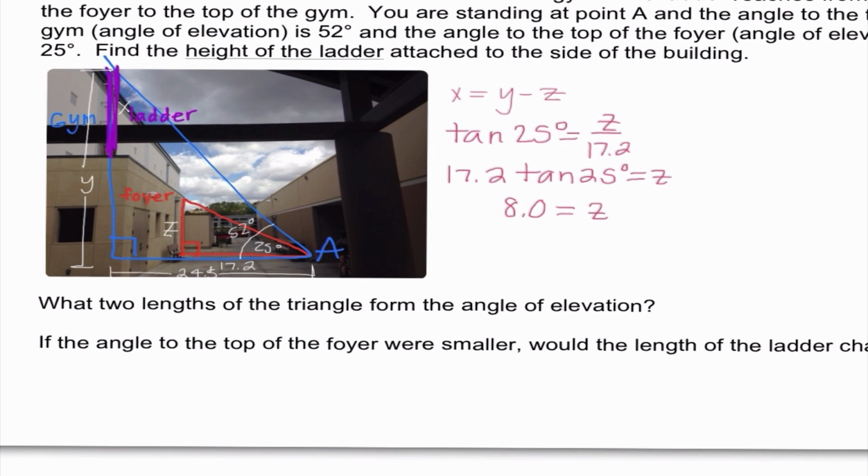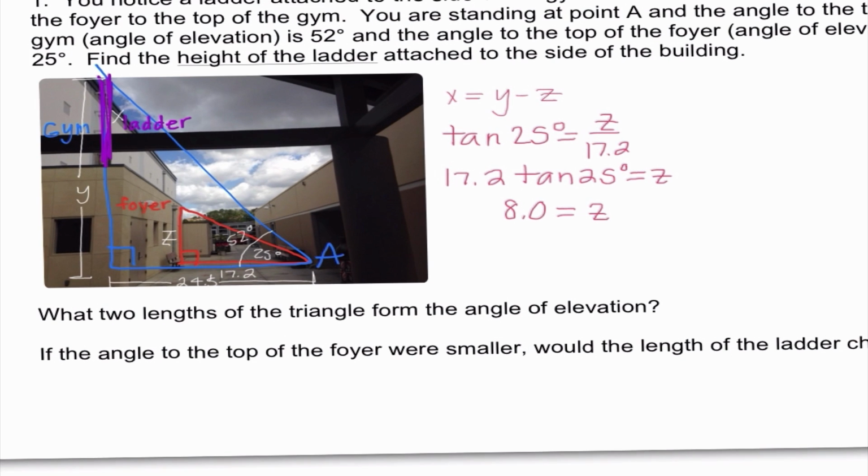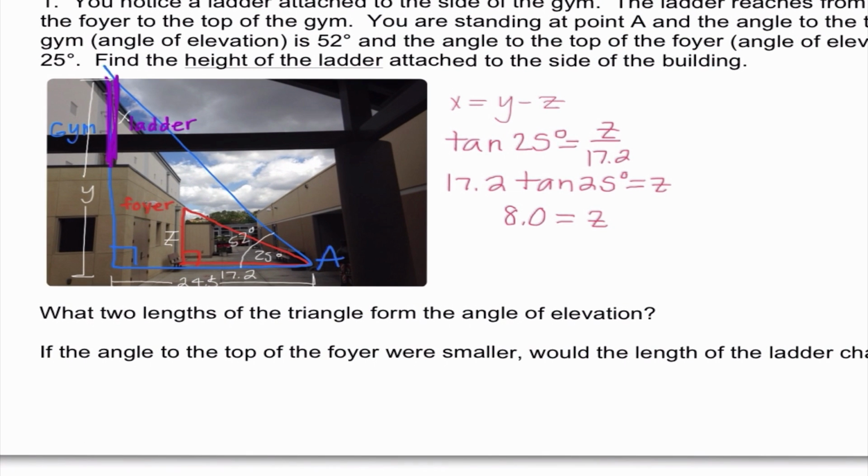Now, that tells us the height of the foyer. It is 8 feet. So now I need to figure out what is the height of the actual gym. So I'm going to do tan of 52 equals y over 24.5.